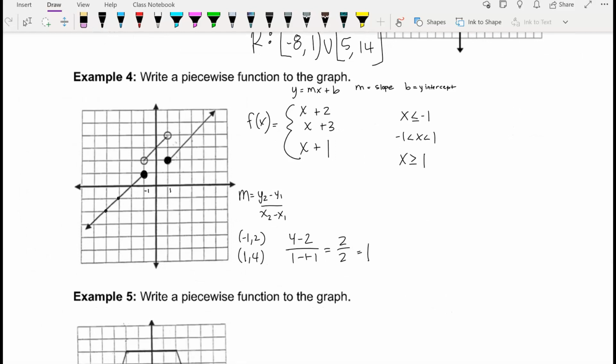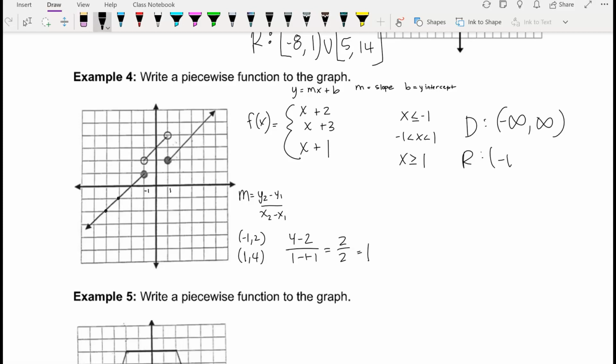So there we have it. There is our piecewise. And then if we were to do the domain and range, so domain, those fill in, so negative infinity to infinity. Range, same thing, those fill in. Oh, except, nope, we have a gap here.